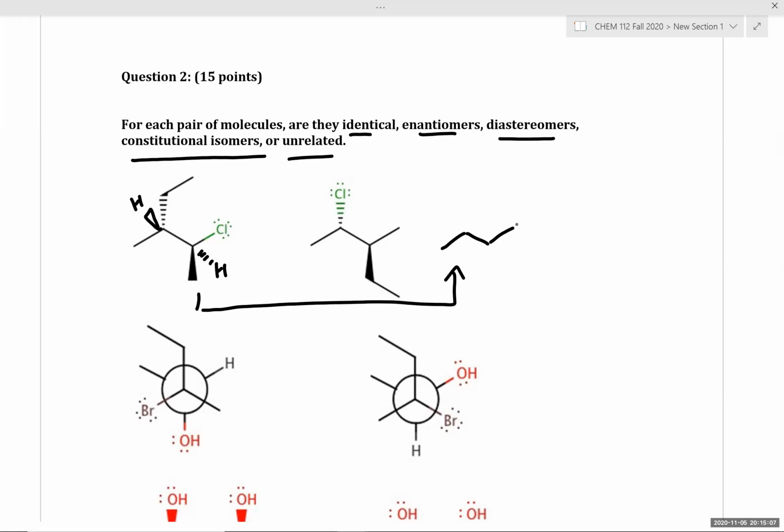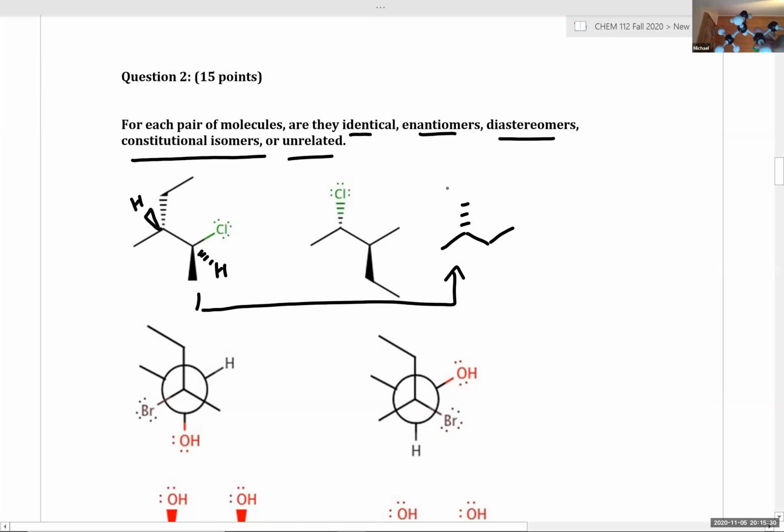The hydrogen, right? So what do we assign the ethyl group, a dash or a wedge? We would assign the ethyl group a dash because it's pointing away from us.